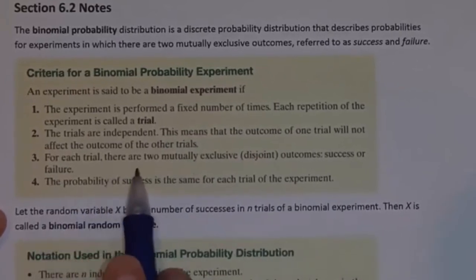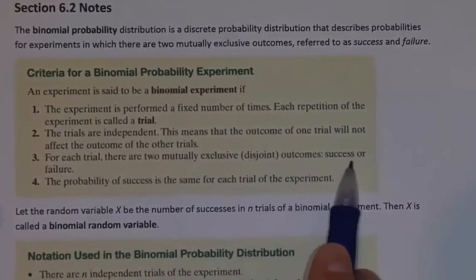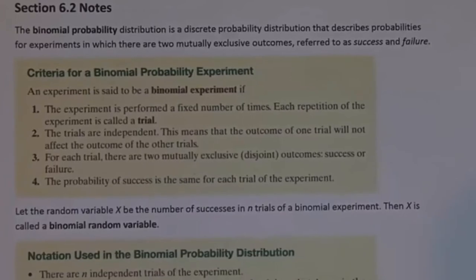For each trial, there are 2 mutually exclusive or disjoint outcomes, success or failure. Success, that word has a positive connotation. Failure has a negative connotation. In a binomial experiment, success just means whatever it is that we're talking about occurs, and failure means whatever it is that we're talking about doesn't occur.